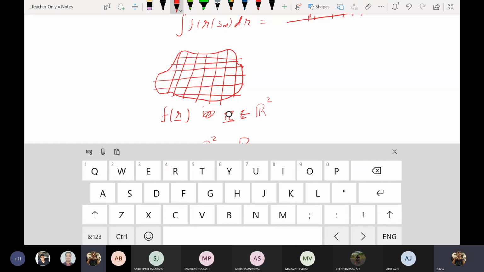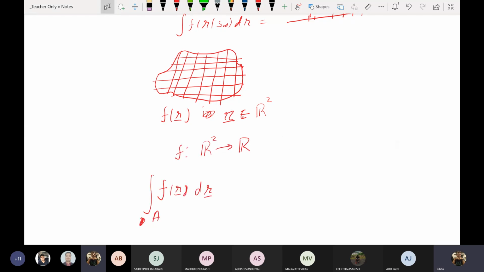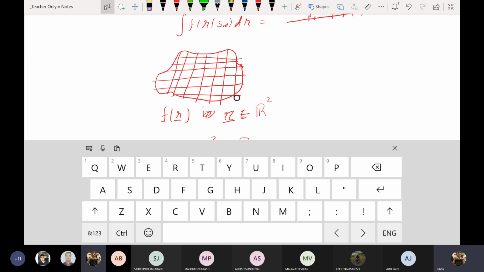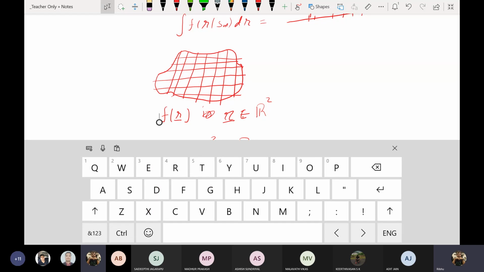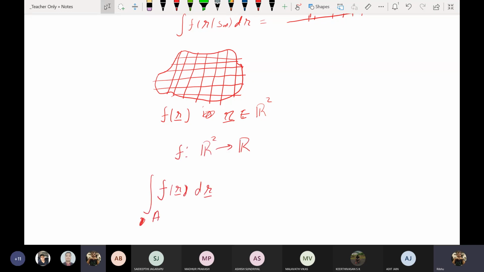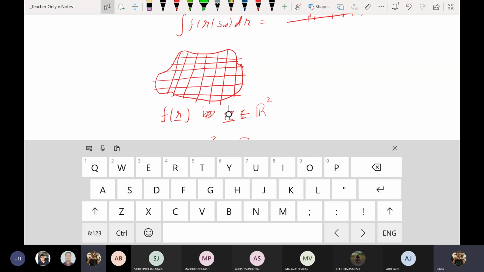Since r is two-dimensional, r has two components.